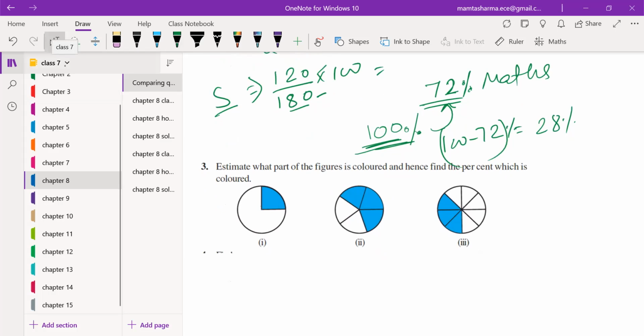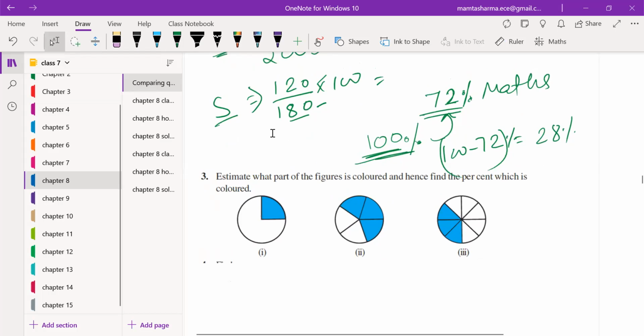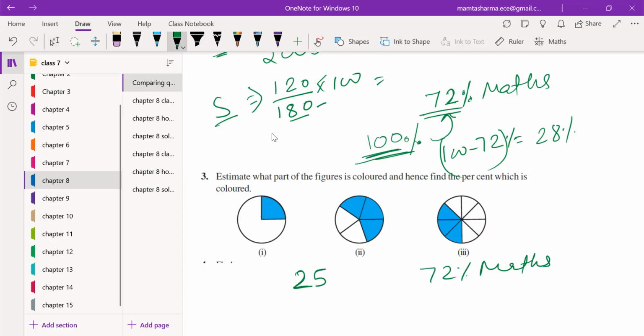Ma'am, but I have to find how many students in number, not in percentage. Okay, so what is the total number of students? Total number of students is 25. Okay, so out of 25, 72% like the maths and 28% don't like the maths.